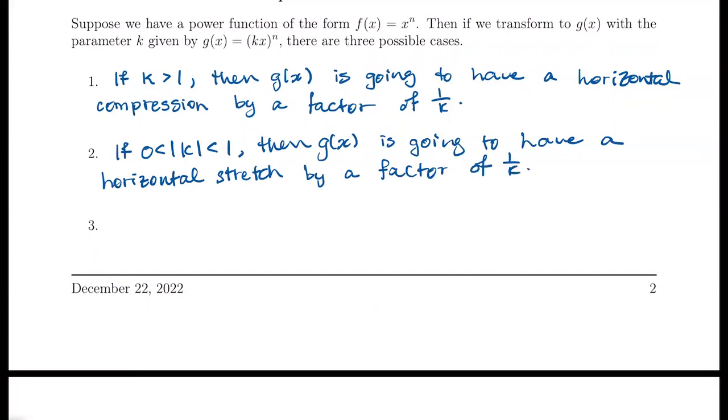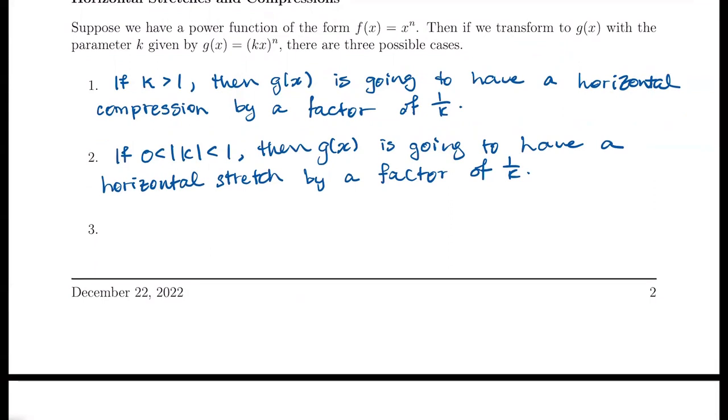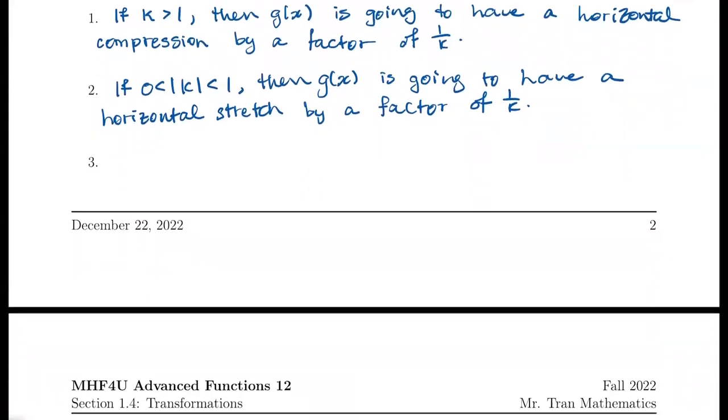All right, so that's the second case. Basically the same thing. It's going to be going closer towards the y-axis this time for the second case. The first case is going to go away from the y-axis this time. Okay, so the last case, when k is less than 0.